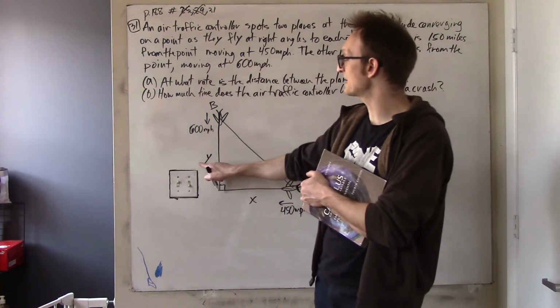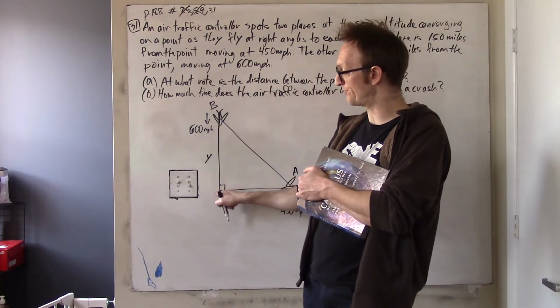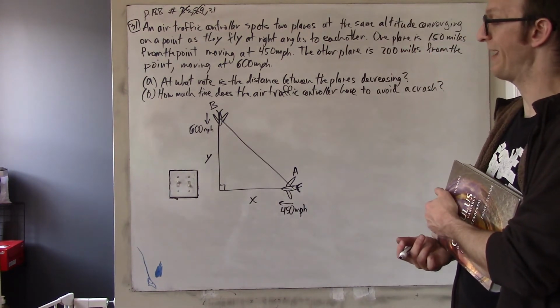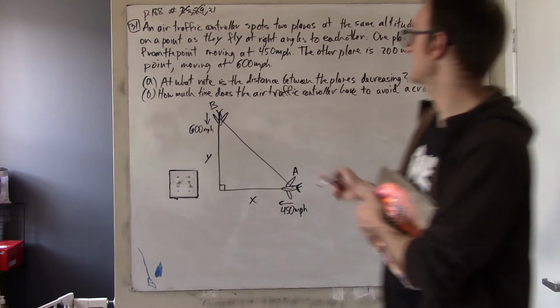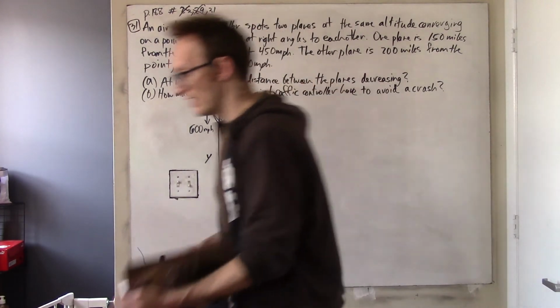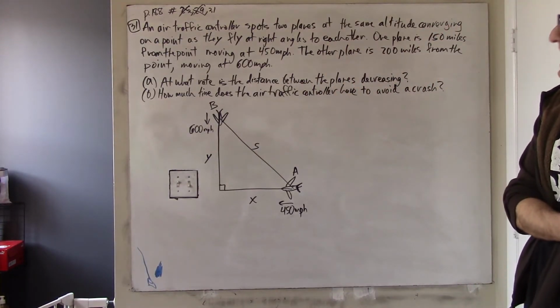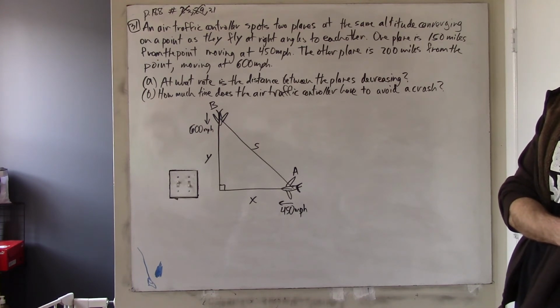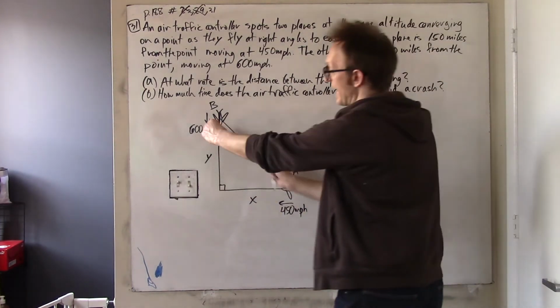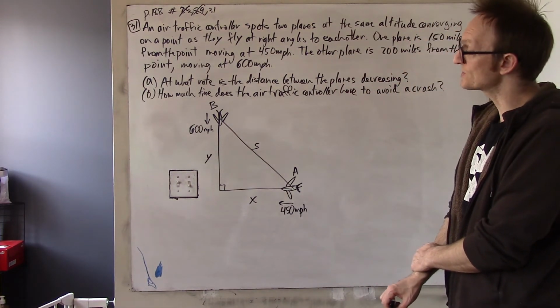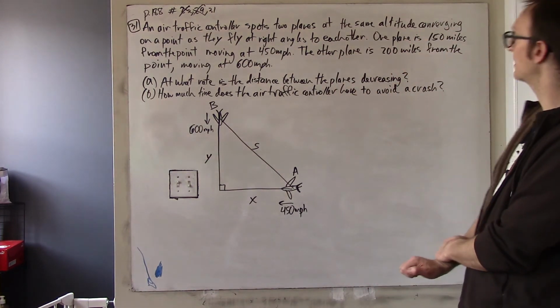And let y represent the distance plane B is from the point at which the paths converge. And then the book even tells you that we should set the hypotenuse of this triangle to be s, where s is the distance between the planes. As these planes are flying, this distance is shrinking, and we want to know how fast the planes are getting close to each other.